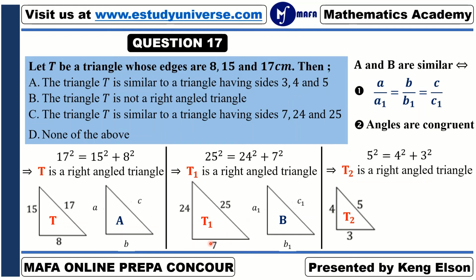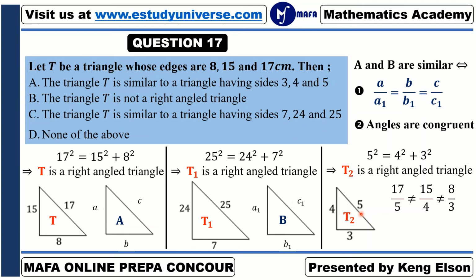So let us begin with the first one, that is option A, which is saying triangle T, and this one is T2. Let us do the ratio between corresponding sides. 17, the hypotenuse, divided by 5.